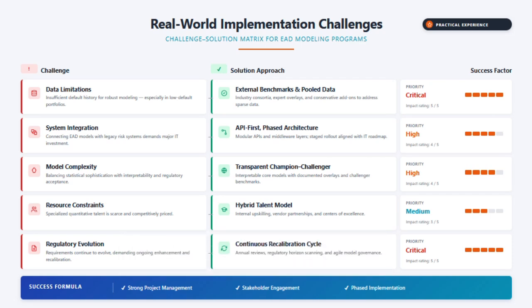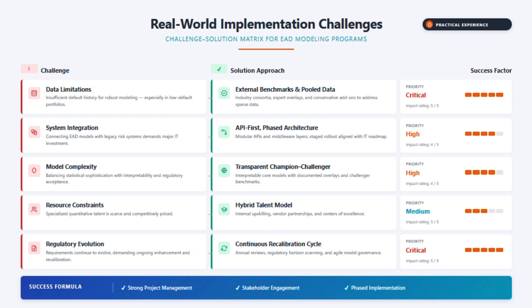Let me share some real-world implementation challenges you will face. Like data limitation, many banks lack sufficient default history for robust statistical modeling, especially for low default portfolios. System integration. EAD models must integrate with existing risk systems, often requiring significant IT investments. Model complexity.